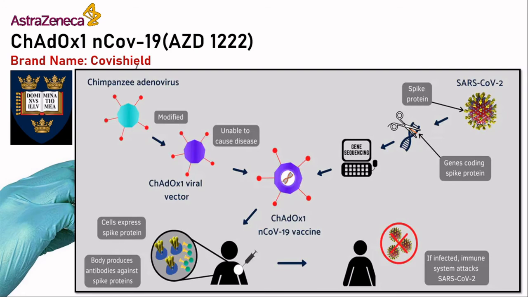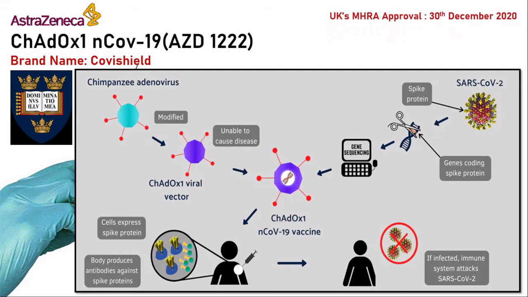Once inside the host cell, given by intramuscular injection, the delivery will take place, and the spike protein will eventually be generated, and it will create immune response inside the body.